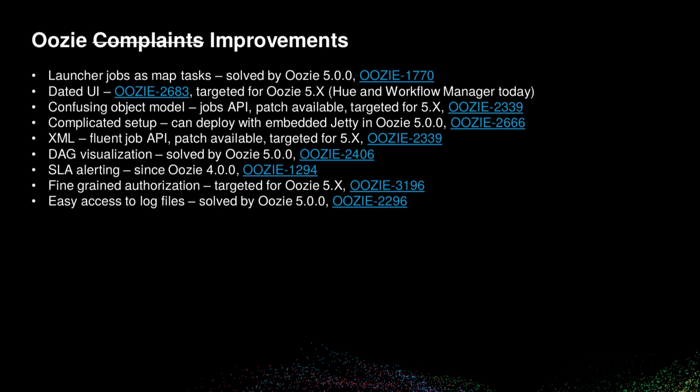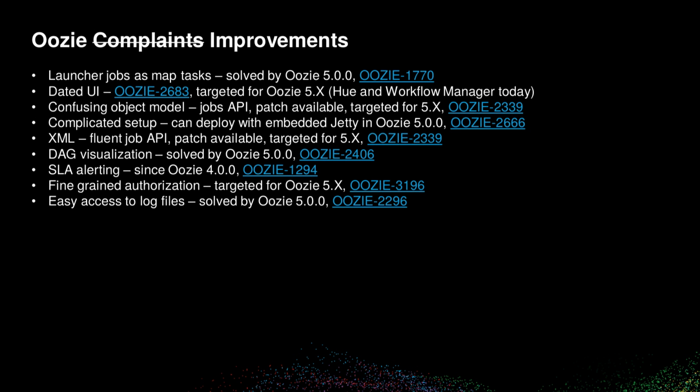So I'm part of the community. I'm not a committer. I just tag along. So the community is planning to replace the EXT.js UI that's been there for the longest time with something new, sexy, you know. In the meantime, you could use Hue or Workflow Manager, and it's not as painful then.